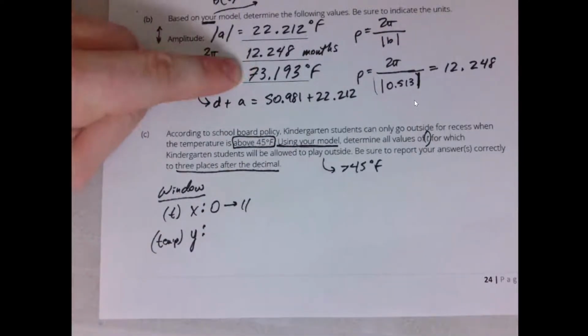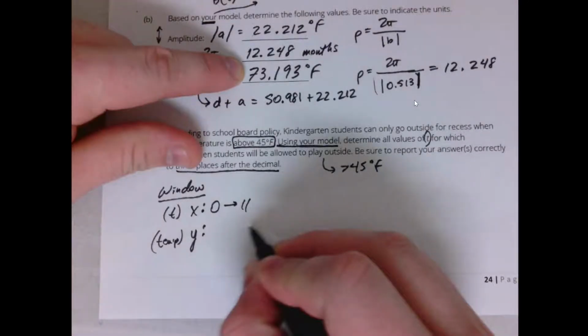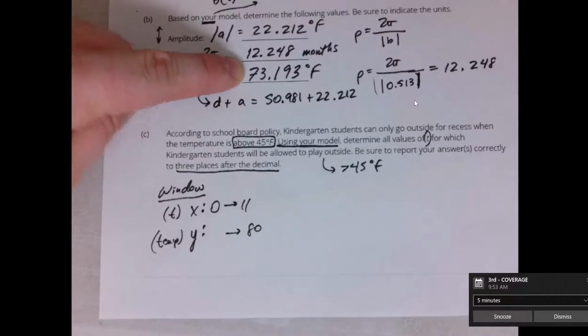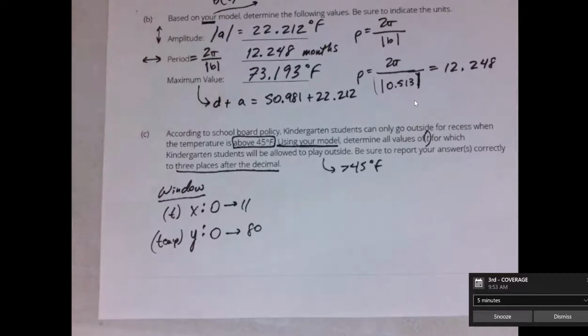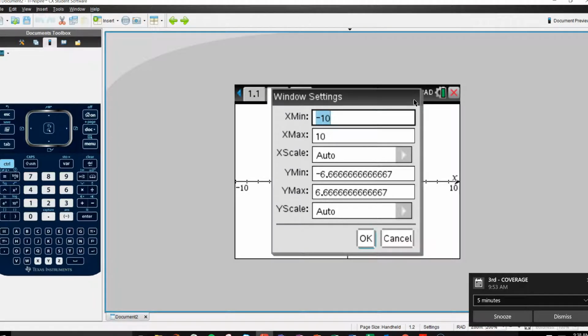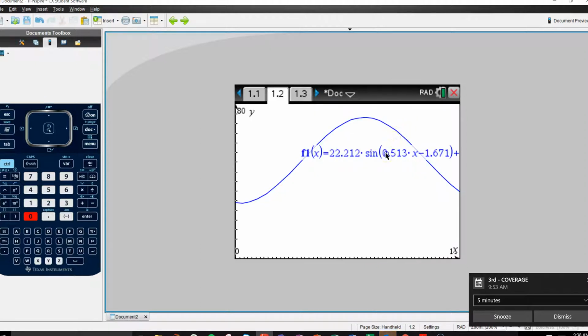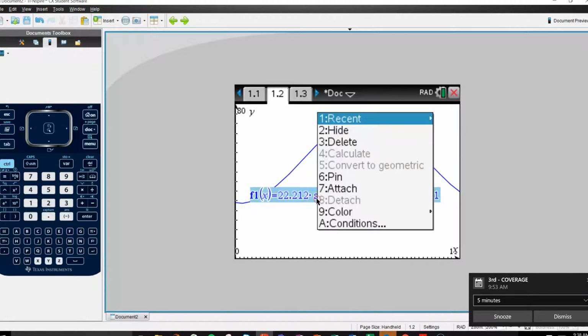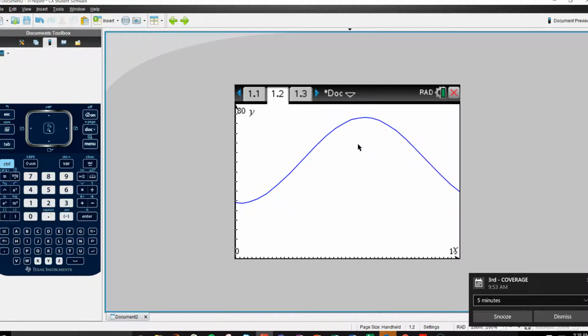Well, we said my maximum was 73, so let's pick 80 so we can see the whole thing. And I don't see anything lower than 0 on my table up there, so let's put 0 as the minimum. And let's see if we can see the graph now. So 0 to 11, and then 0 to 80. There we go. Looks just like my regression model. Okay, so I'm going to move that out of the way.